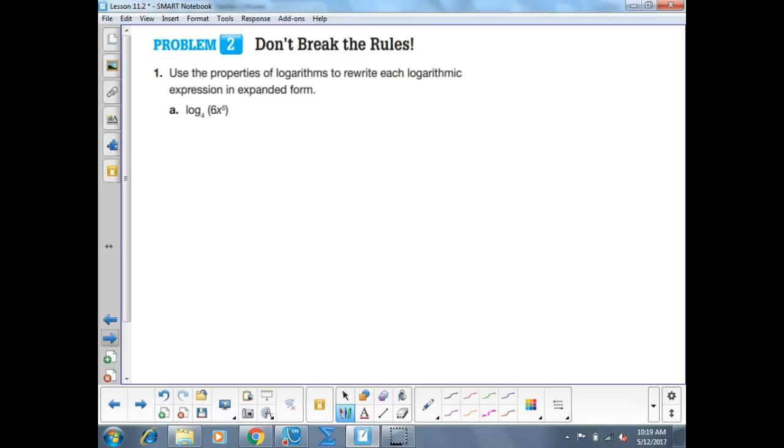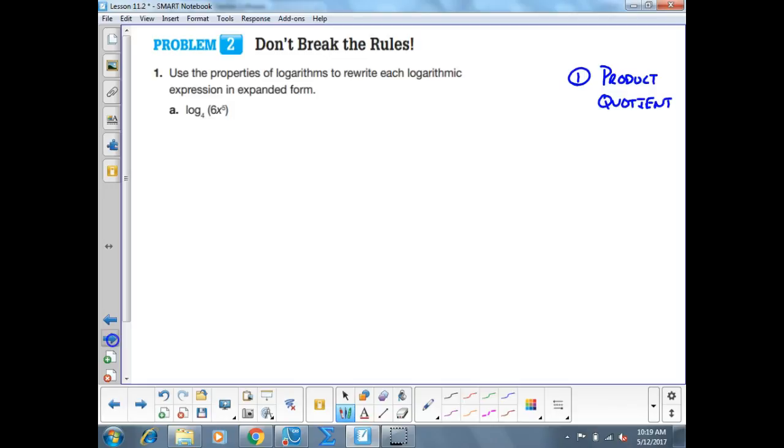The first one is expanding logs. So we take those 5 properties that we just had, and we're going to work them over on log base 4 of 6 times x to the 5th. When you're expanding, the first thing you do is apply the product or the quotient properties.